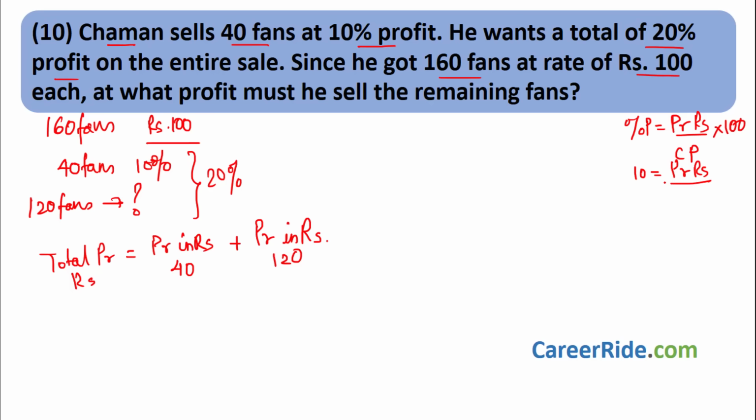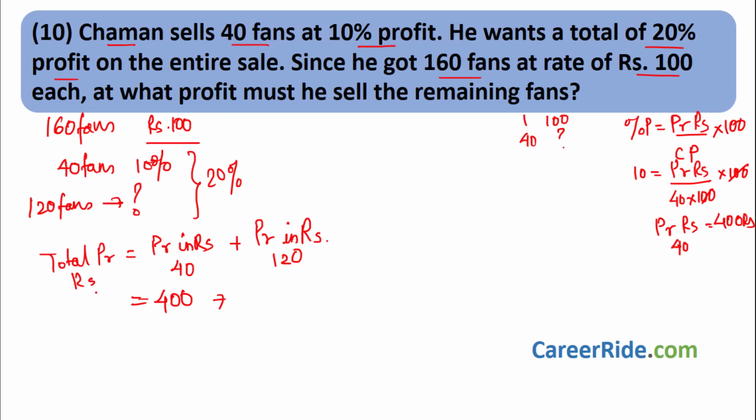One fan is 100 rupees, so 40 fans are 40 into 100. Multiplied by 100, this gets cancelled. Then profit in rupees for 40 fans would be 40 into 10, 400 rupees. So the profit is 400 rupees.